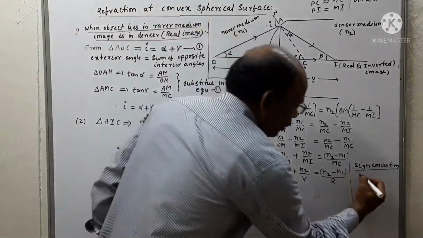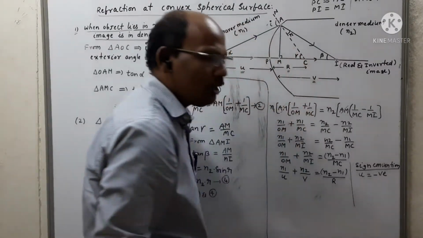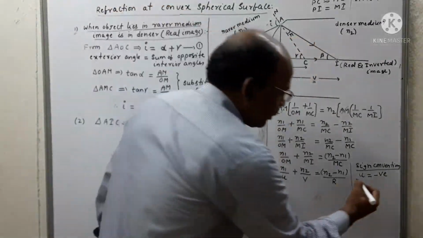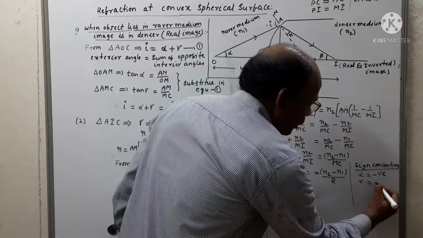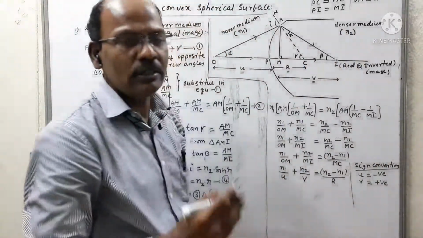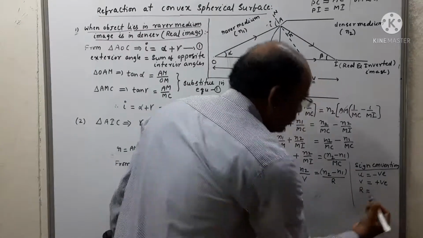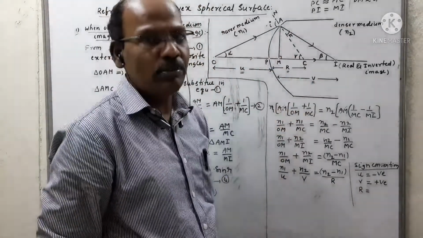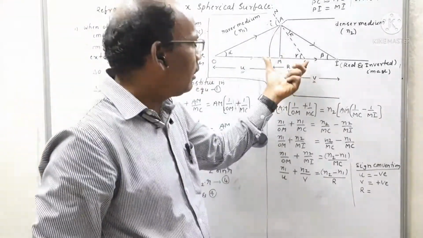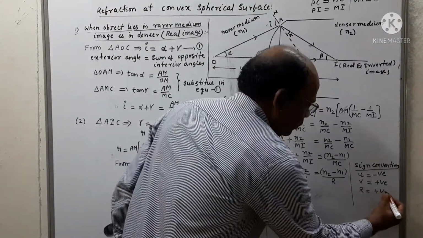Hence we take U, the object distance, as negative. The image is real, which is formed inside the denser medium, so it is measured in the direction of incident light from pole to image towards the right side. The radius of curvature is also measured from pole to the center of curvature, which is in the direction of incident light. So R is also positive.